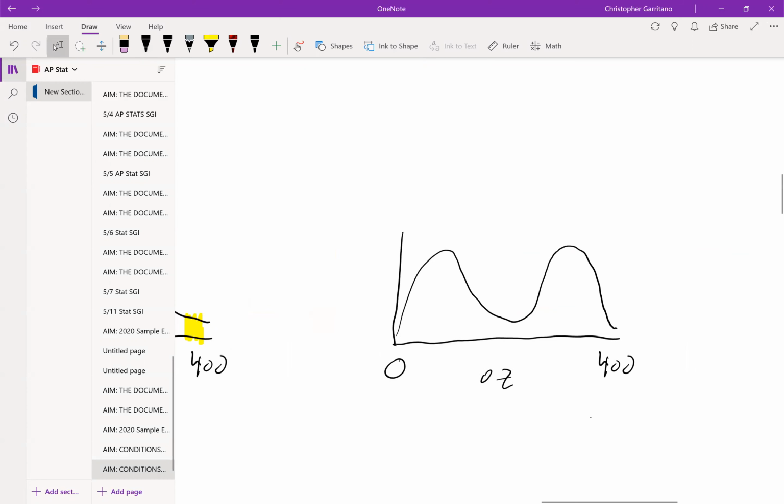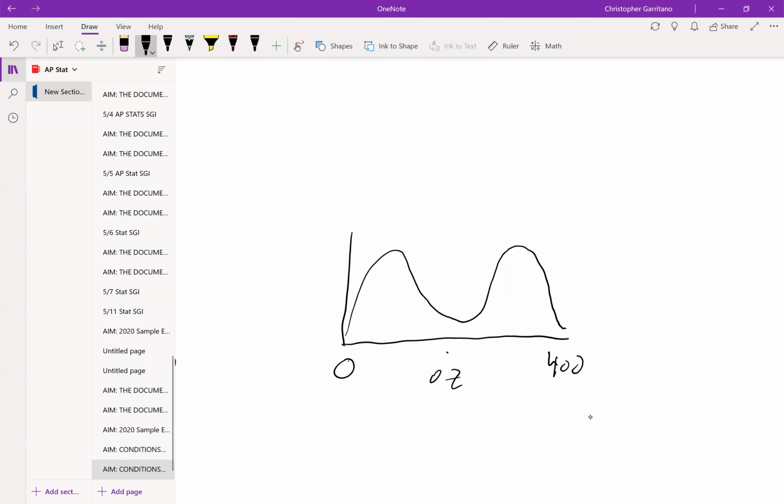Or who knows, maybe the shape of the parent population is something crazy like this, where there's a bunch of haters here, but then there's a whole bunch of fans, people that eat a lot. Who knows?